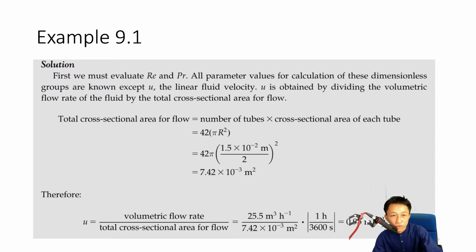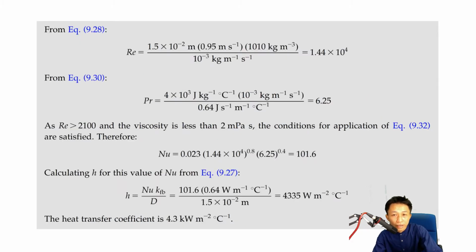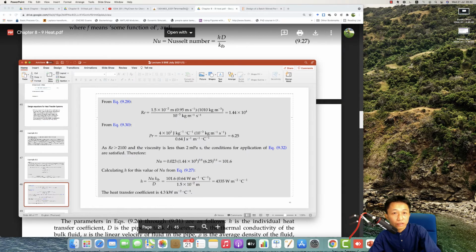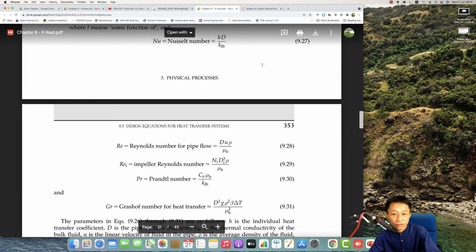Then we calculate the Reynolds number, which shows the flow is turbulent, and the Prandtl number, from equations 9.28 and 9.30.